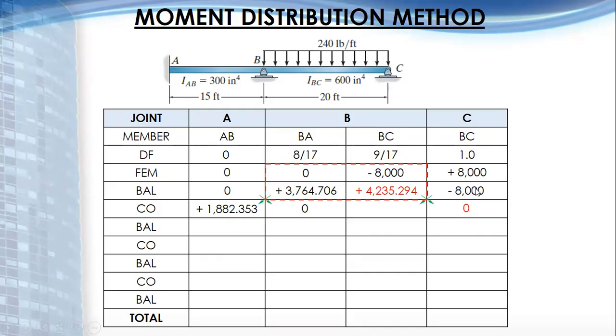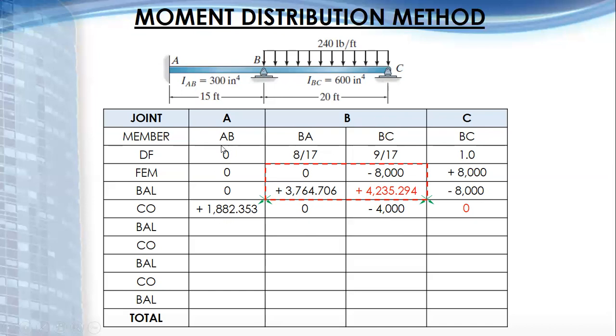And lastly, for CB, this is CB. Carryover of negative 8,000 is negative 4,000. And the next, i-balance. So, unbalanced moment. So, i-balance siya by negative 1,882.353.